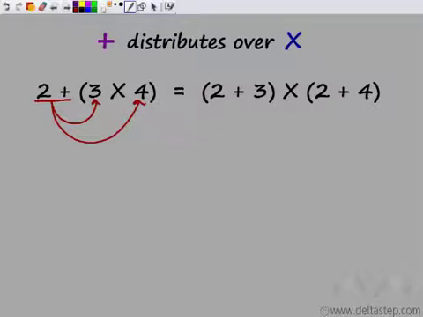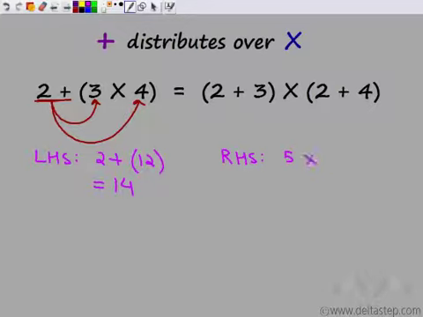So now let's try evaluating both these sides. Left hand side gives me 2 plus 4 3s are 12. 2 plus 12 is equal to 14. Now let's look at the right hand side. The right hand side gives me 2 plus 3, which is 5, into 2 plus 4, which is 6. 6 into 5 is 30.